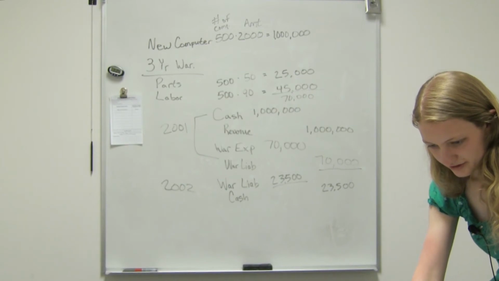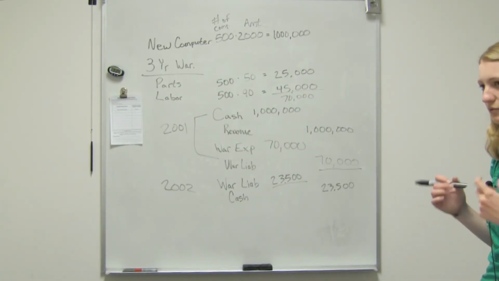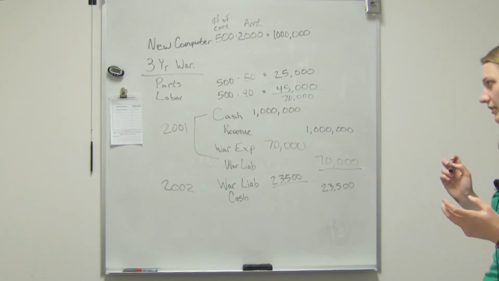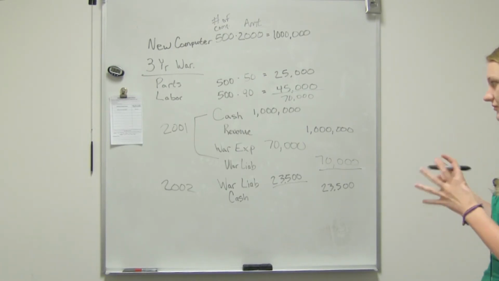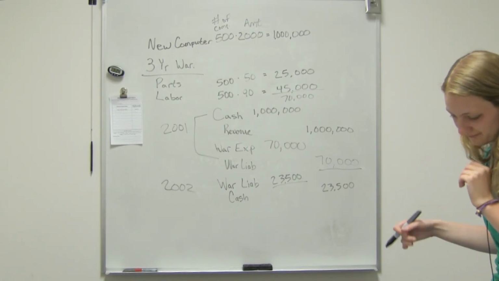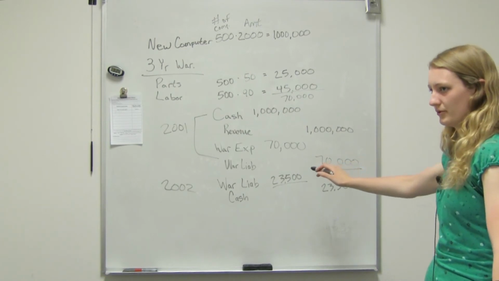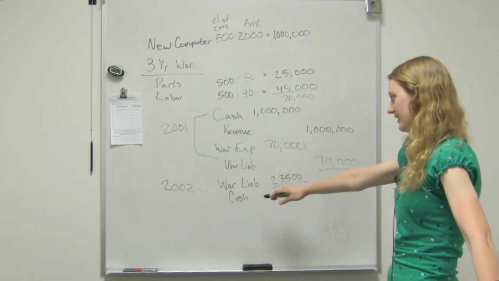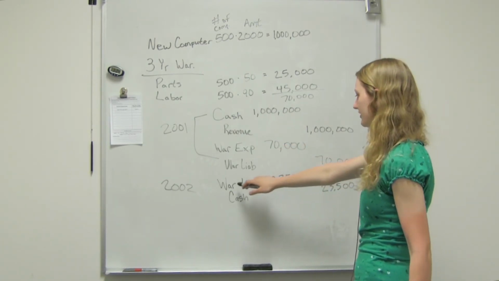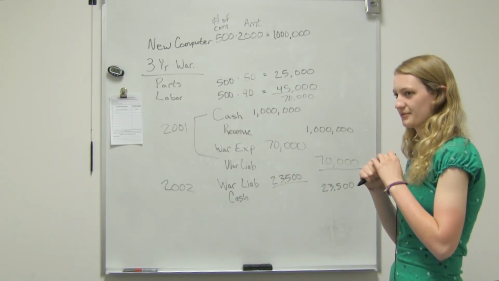And then the second question, it's just cash basis. So it's asking what is the warranty expense for 2002. If we were to do it under that, we wouldn't have this liability account. We would just have warranty expense and cash. So the warranty expense would go there instead if it's under cash basis.